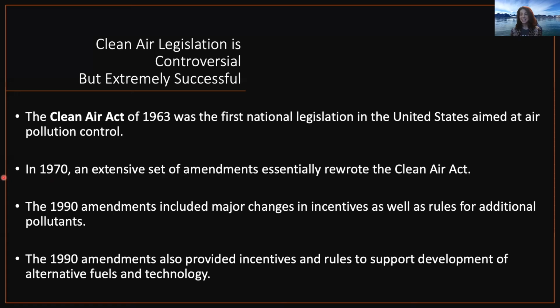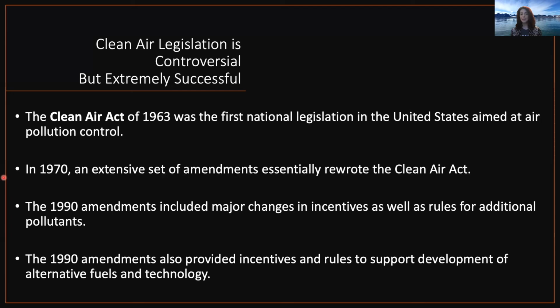The 1990 amendments included major changes in incentives, as well as rules for additional pollutants. That included the ozone depleting CFCs, as well as chloroform, benzene, and other hazardous air pollutants.